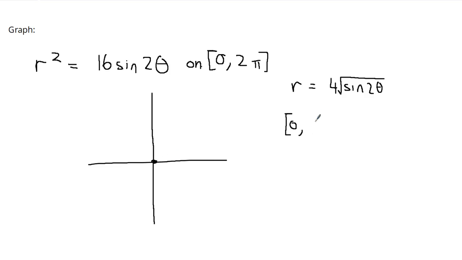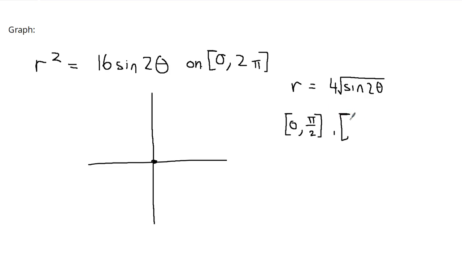It can be all the way up to pi over 2, because sine 2 theta is positive all the way up to pi over 2. Then pi over 2 to pi doesn't work.